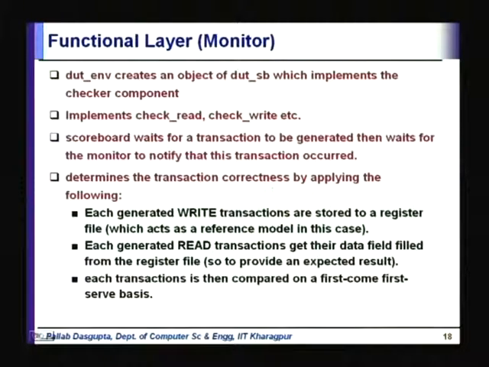Then it determines the transaction correctness by applying the following. Each generated write transaction is stored to a register file which acts as a reference model in this case. Each generated read transaction gets its data filled from the register file so as to provide an expected result. Each transaction is then compared on a first come first served basis.